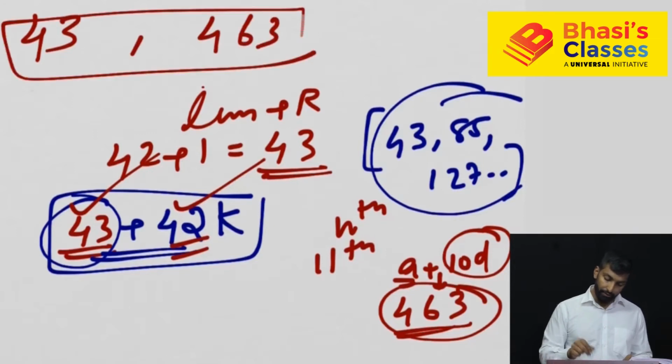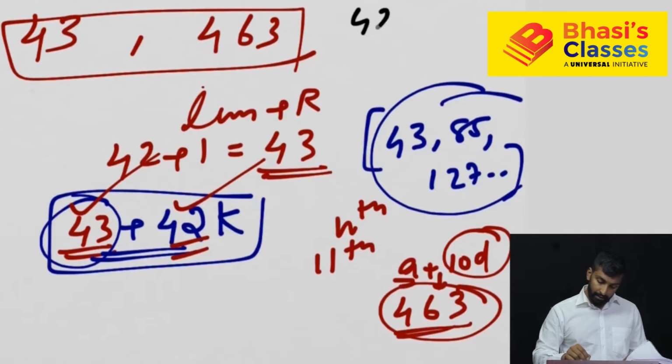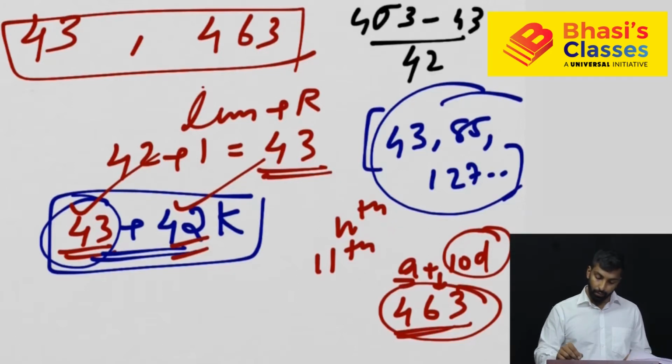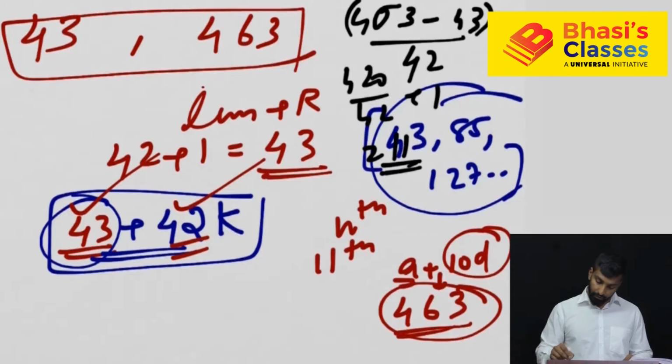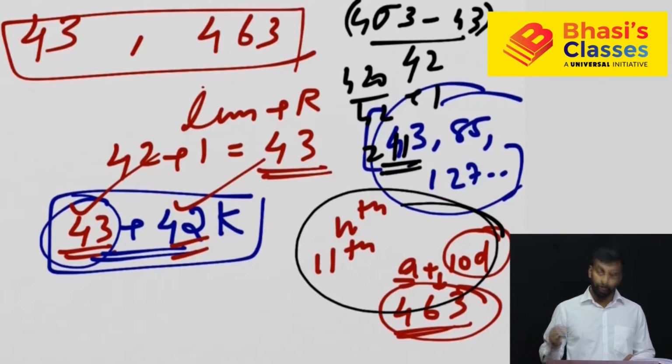Now your answer is last minus first divided by common difference plus 1, right? How will you do it? 463 minus 43 divided by the common difference, that is 42, plus 1. Now what you'll get is 420 by 42 plus 1, that is nothing but 11. That is what you in fact found here, the 11th term. So this is another question.